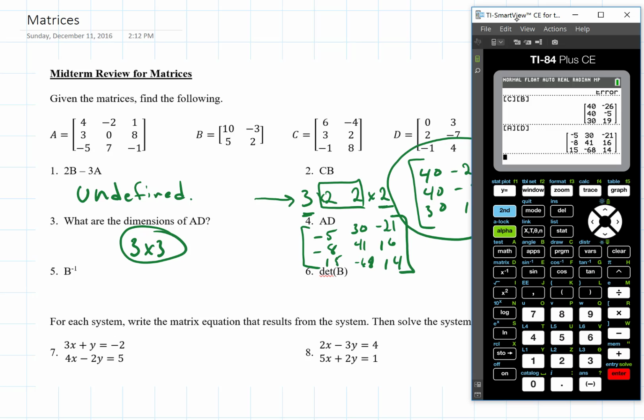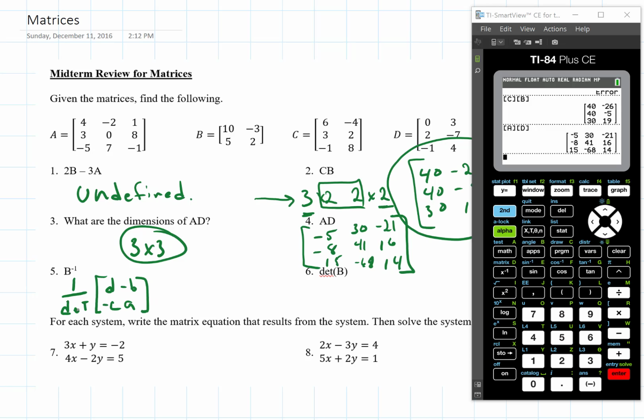Because the formula is 1 over the determinant times this kind of weird matrix where we reverse the first element and the last element. We wrote it this way, D, A. It started out as A, B, C, D, and we switched the positions of D and A. And we changed the sign of B, and we changed the sign of C, right?